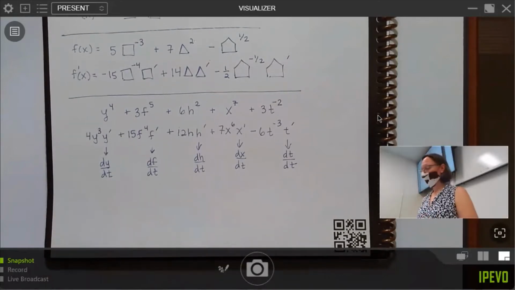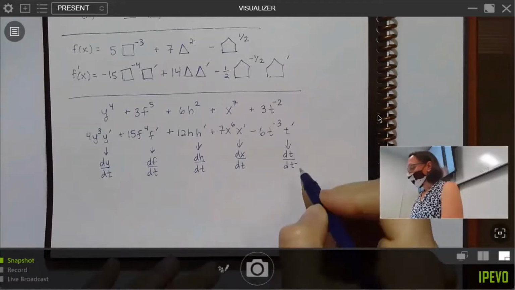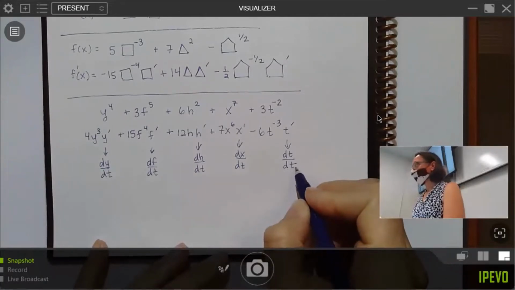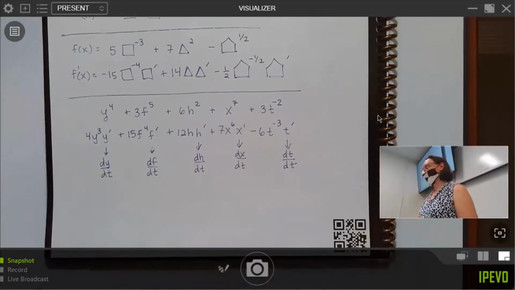Most commonly, we're talking about a dt when we're thinking about related rates or things that are changing over time. And most commonly, we're talking about a dx when we're thinking about slopes or general derivatives of functions. So let's now get some stuff that you can actually put in your notes.